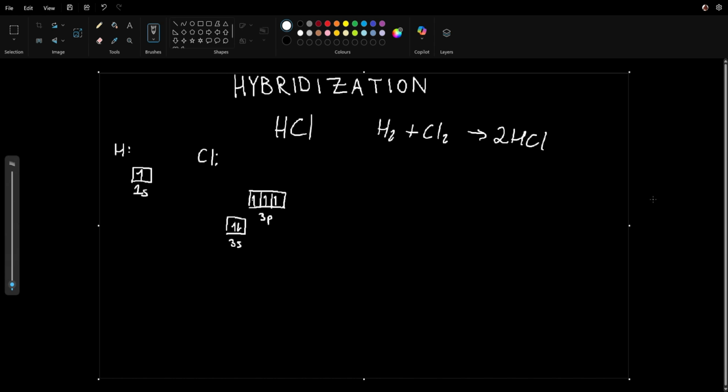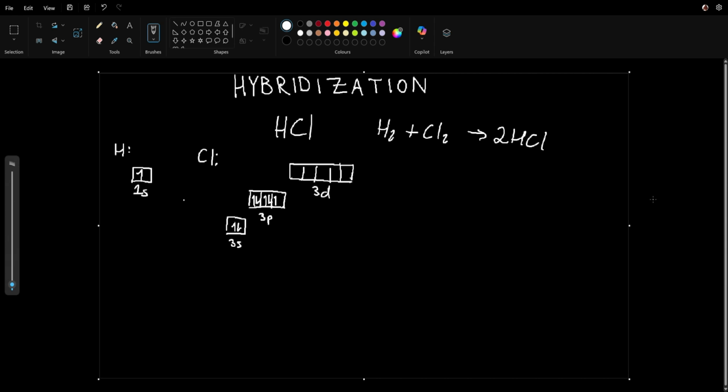Remember to follow Hund's rule, so 4, 5. And then after that, we would have a 3d orbital, and then we would have 1, 2, 3, 4. So this one isn't filled, but we just need it for this demonstration right now. So we'd have a 3d orbital here.